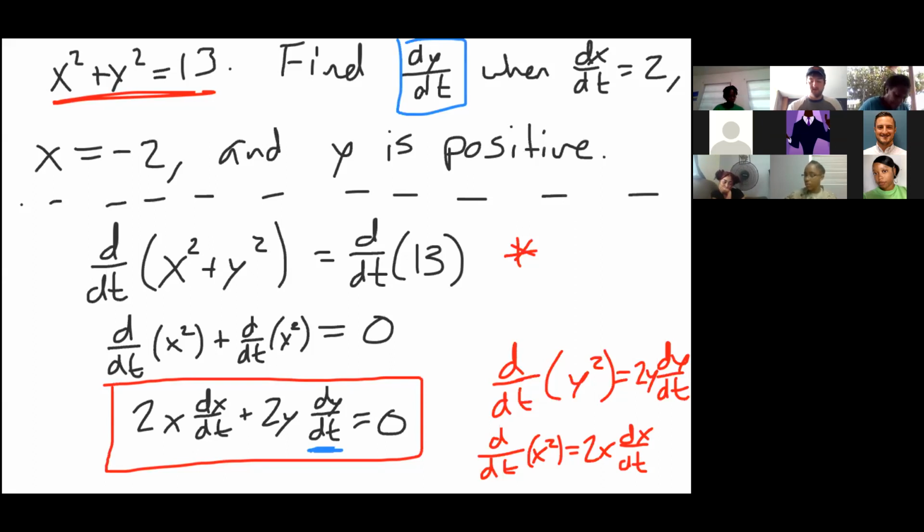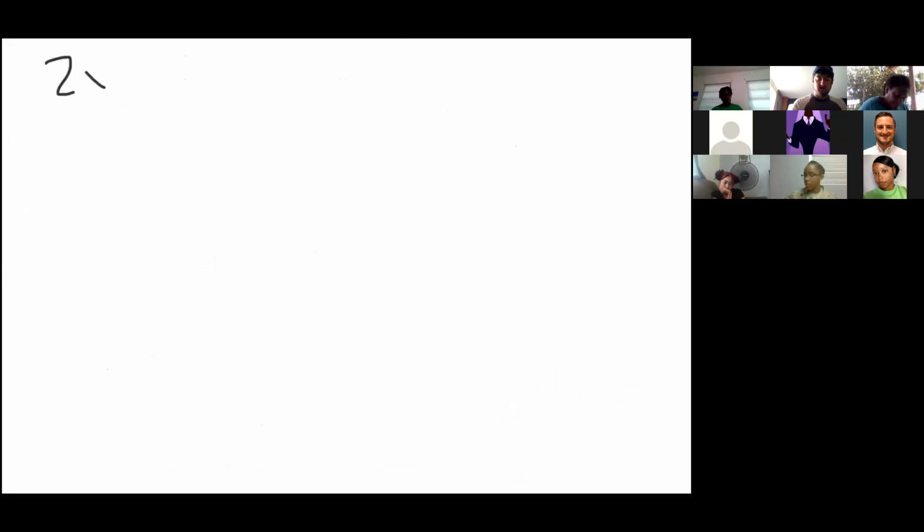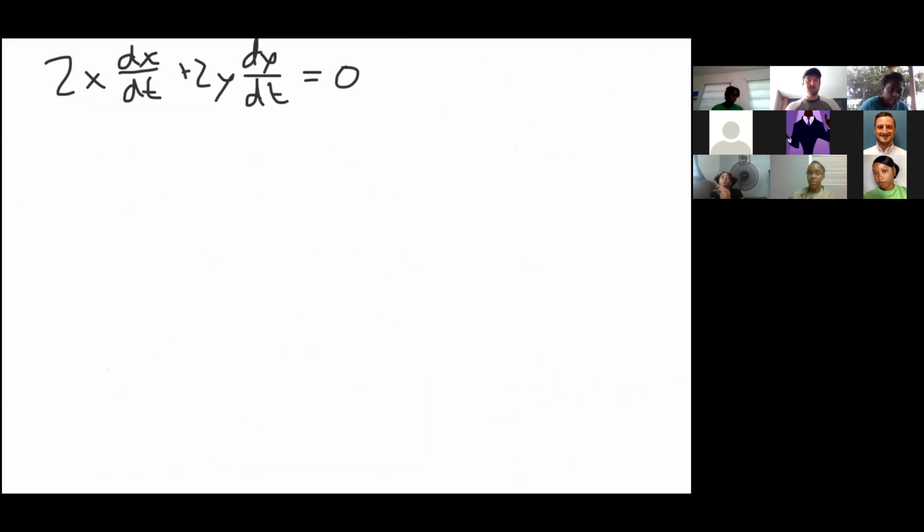So here we go, moving on. We have that 2x dx over dt plus 2y dy over dt equals 0. To solve for dy over dt, I just do the same thing. Subtract anything that doesn't have a dy over dt, move it to the other side.